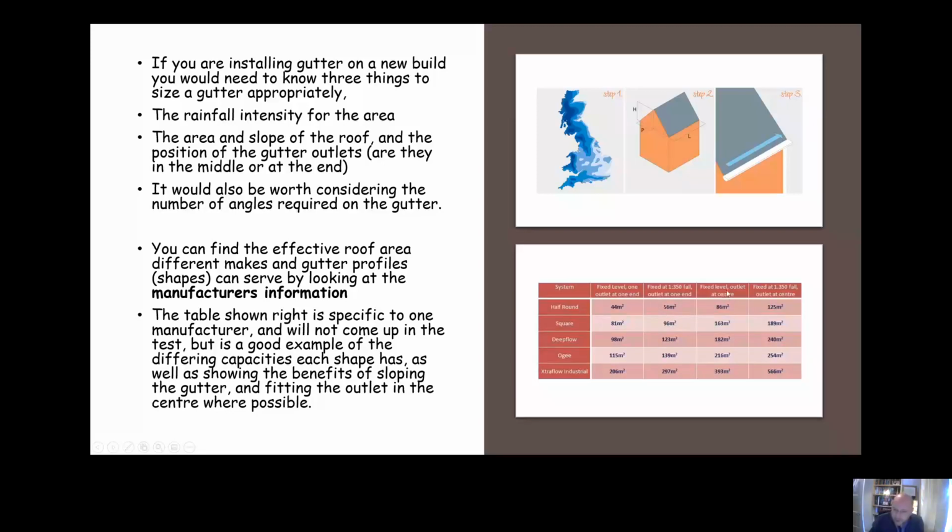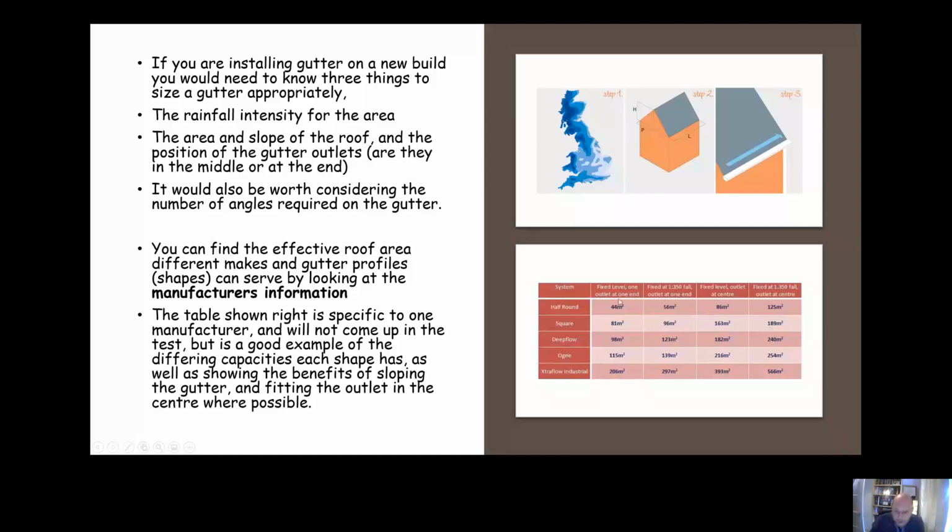But if it's fixed at a fall with the outlet at the centre, it can take water from 125 metres squared of roof. So it's a huge difference. Just having this fall and having the outlet at the centre can make a significant difference to the effective roof area that the gutter can serve, essentially.